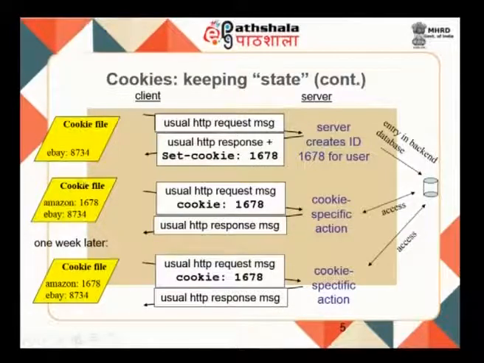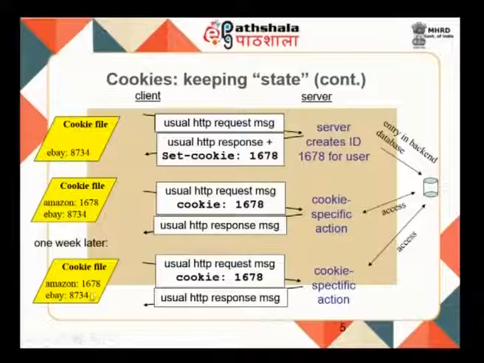Now this information is stored in the cookie file. Subsequently, when you send a message to the same web server, you add this additional header line called Cookie: 1678. When this message reaches the server, it can now take cookie-specific action and send back an appropriate HTTP response.